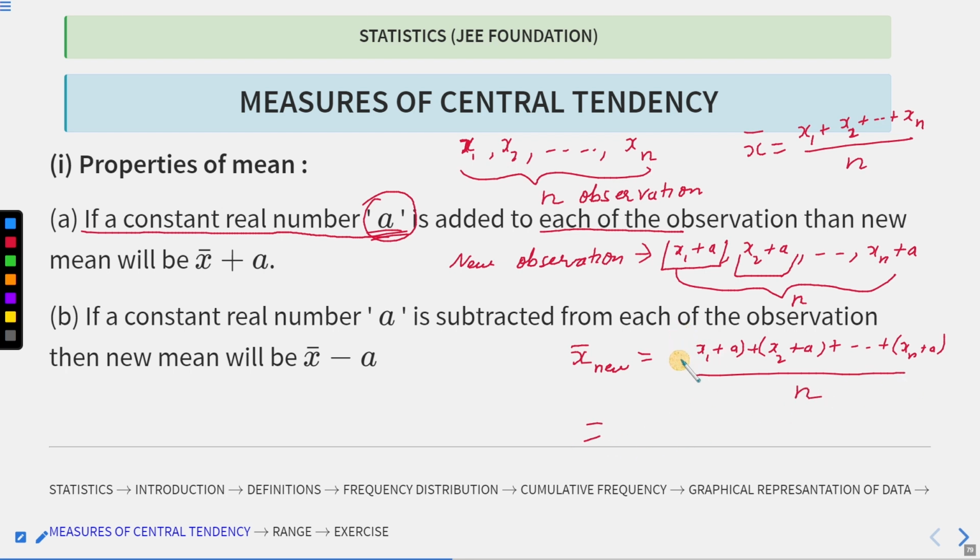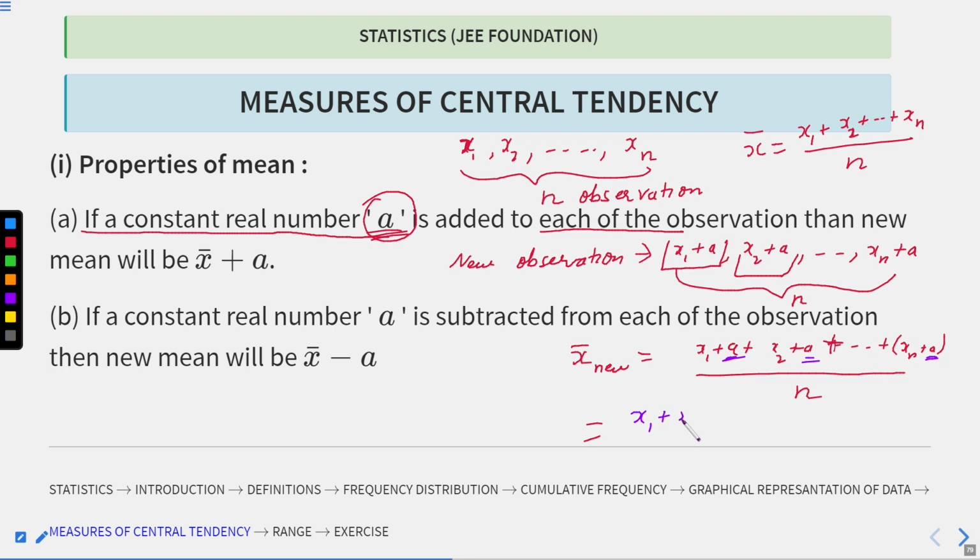If I remove these small brackets, then I can easily see that a appears to be added n times.